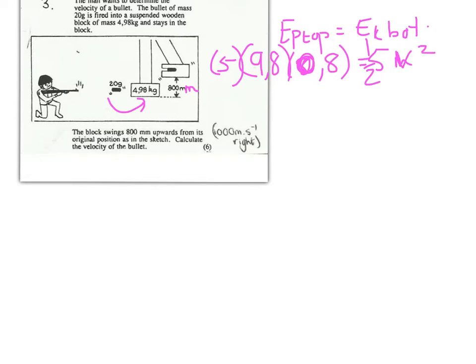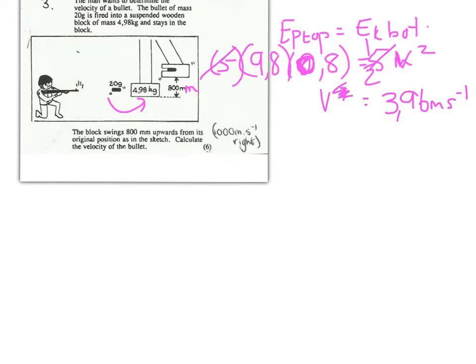So let's work that out. I can make my life easier by just cancelling out those masses. And when I rearrange things, I get 3,96 meters per second. Sorry, that's not v squared, that's just v.